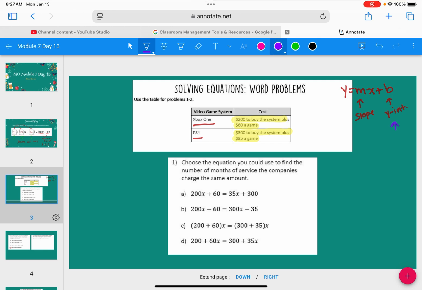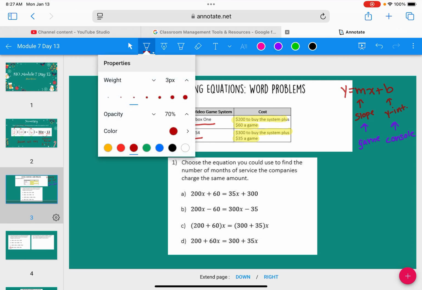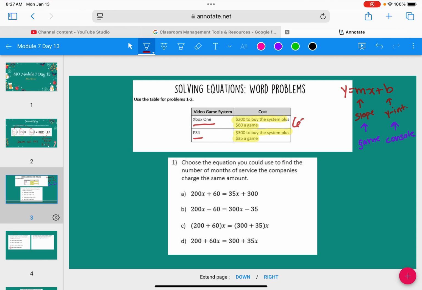So this is for the console, and this is for the game. We would write our equation as 60x plus 200 for the Xbox One, or 35x plus 300 for the PS4. The question is, how many games would you have to buy for these to be equal?